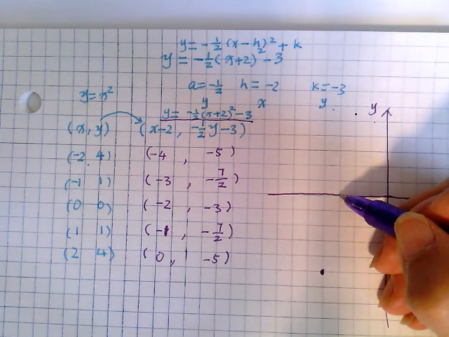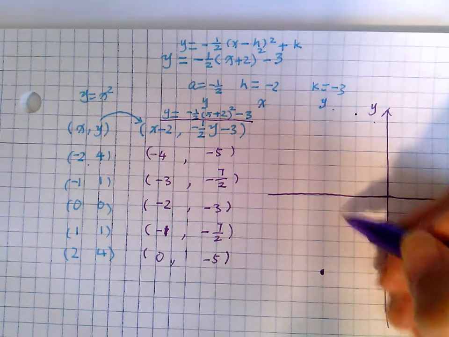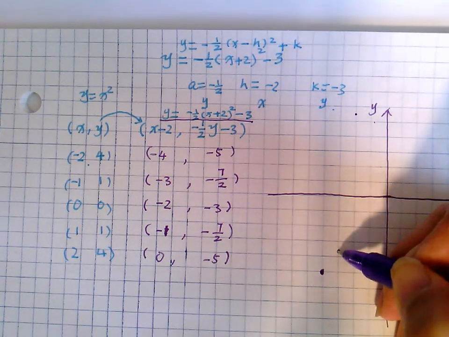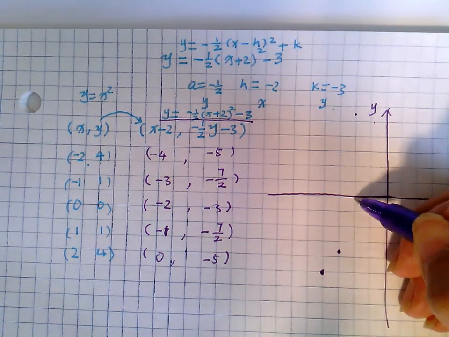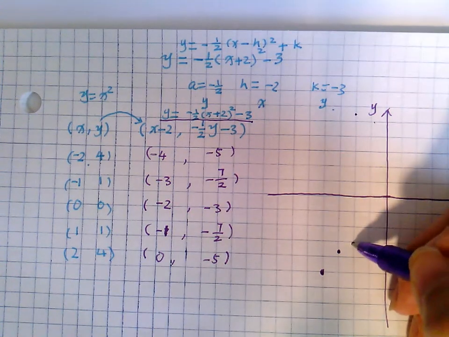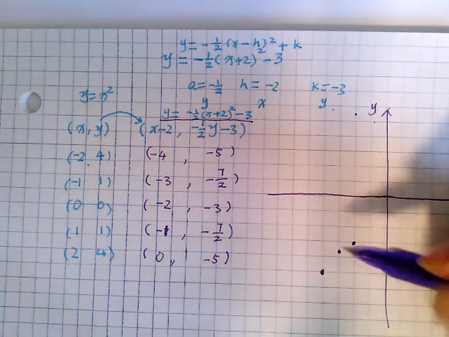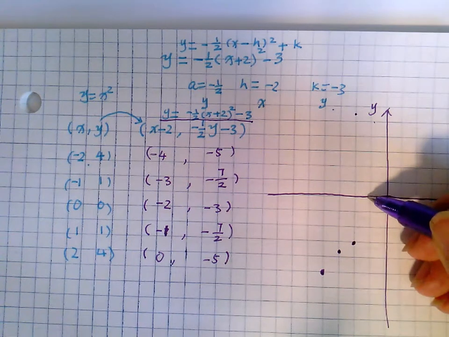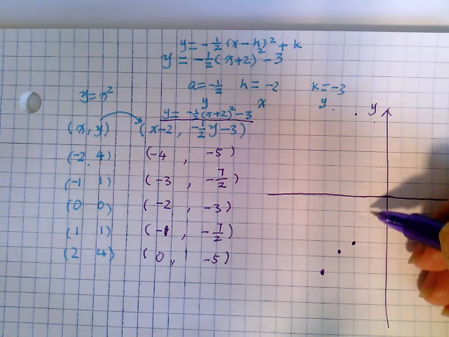Okay, negative 7 over 2, that is negative 3.5. And negative 2, 1, 2, negative 3. That's the vertex. And then next is negative 1, negative 3.5.